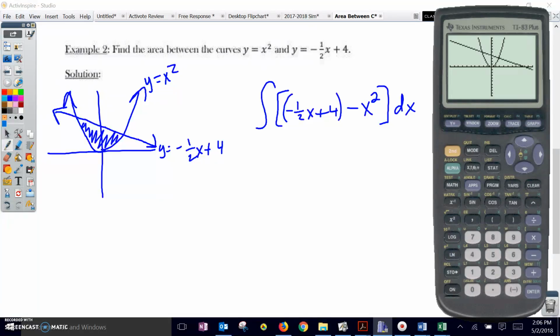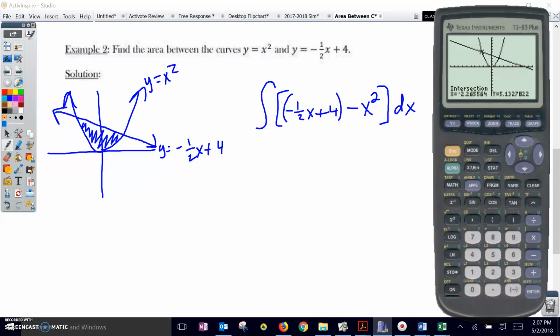And now the intersection points, the x coordinates, will determine the limits of integration. Since I'm integrating with respect to x, I want the x coordinates of each of these points of intersection. So first I'm going to find the left intersection point. I'll scroll up here and get outside of that intersection point so that I make sure it gives me that particular intersection point.